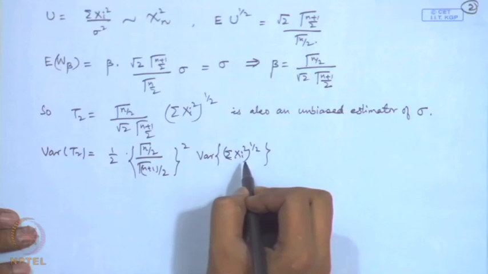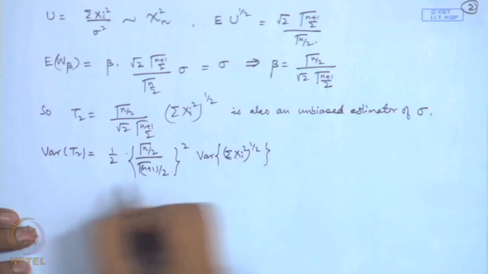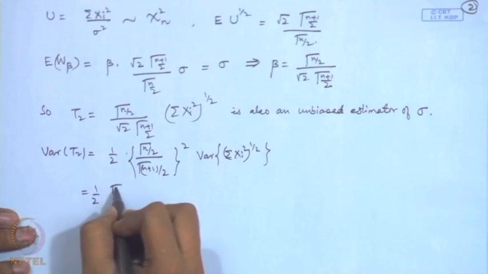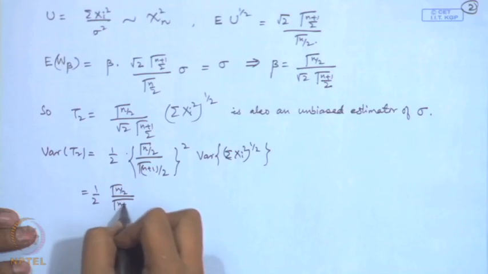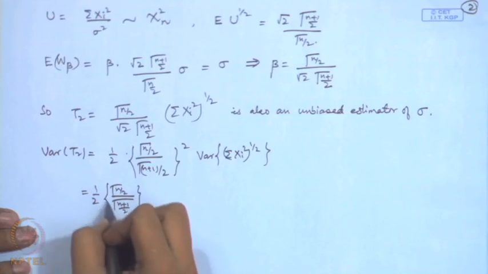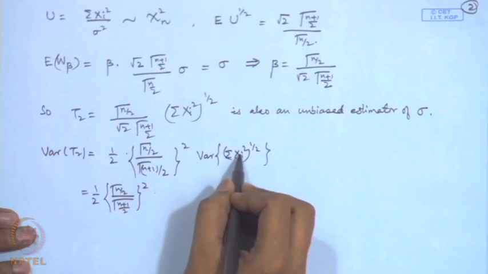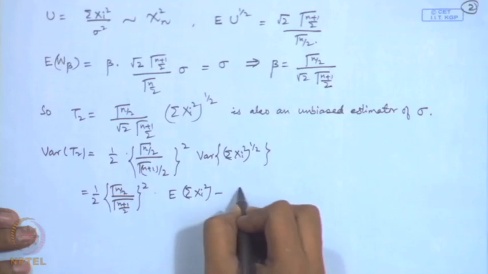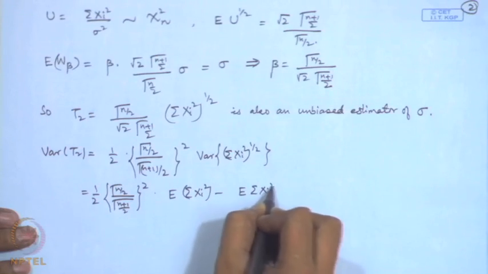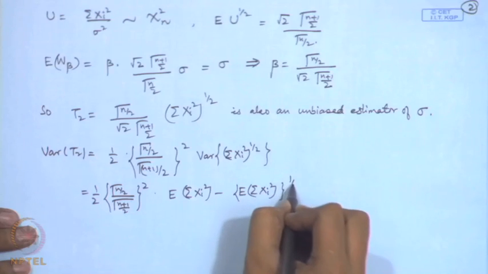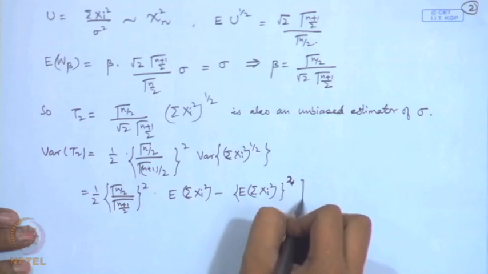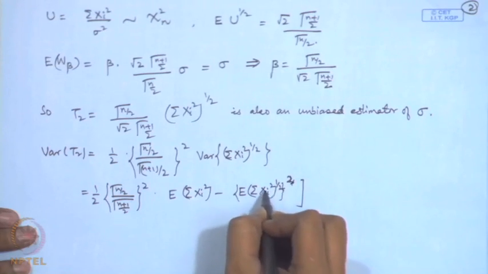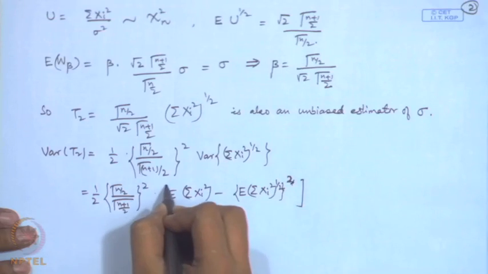Now, variance of (sum of X_i square) to the power half, that is expectation of sum of X_i square minus expectation of (sum of X_i square to the power half) whole square.